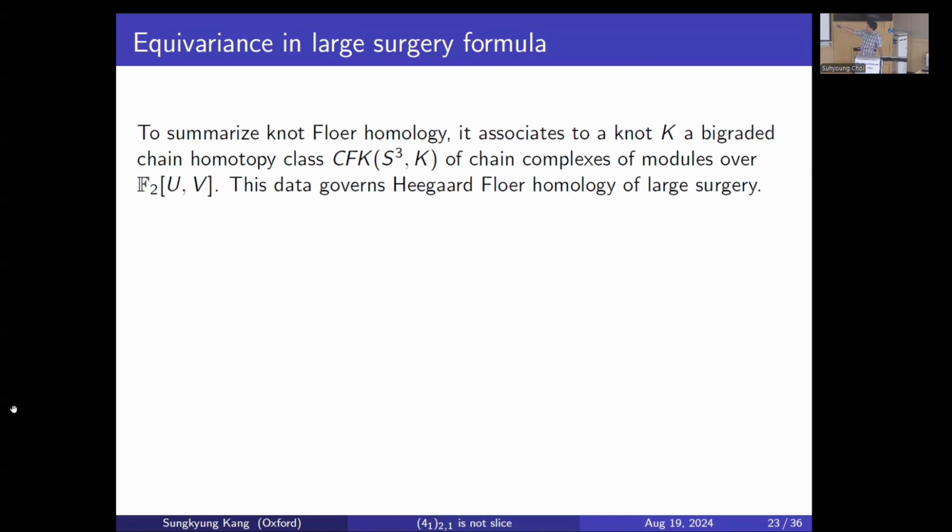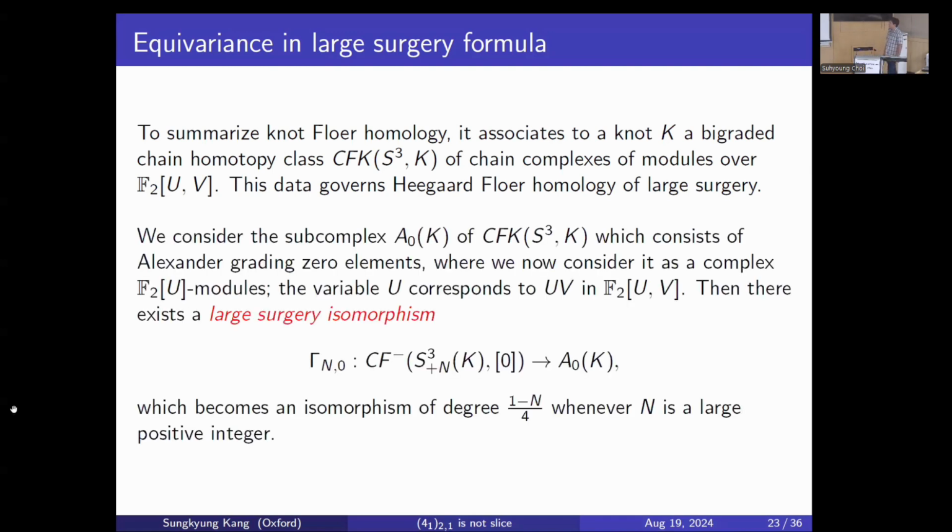Given such a knot, knot Floer homology associates to it a chain homotopy class of a complex, something called the CFK. It is a complex of modules over F2[U,V]. Now you have two variables. It is also bigraded. And this data governs Heegaard Floer homology of large surgery. How does it work?